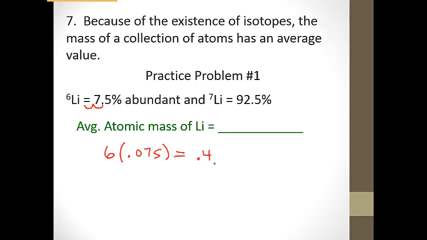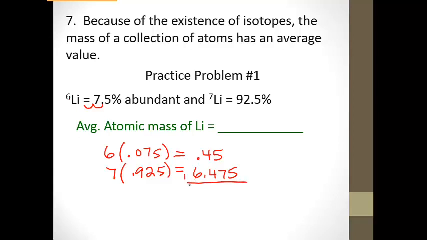So 0.45 is the mass of that. And then lithium 7, its abundance is 92.5%, so 0.925. And when we multiply those together, we get 6.475. Notice that that's definitely the bigger number, and that's because we find it in the greater abundance, so we would expect that one to be larger.